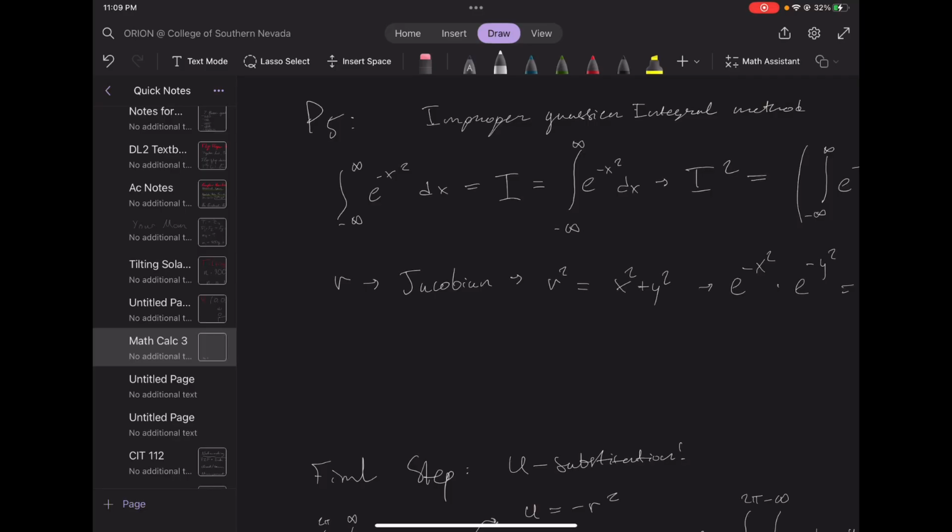I look at it and I see that we're just creating a double integral. So it's like computing a double integral by integrating in one variable at a time.